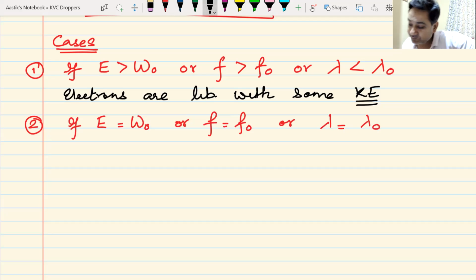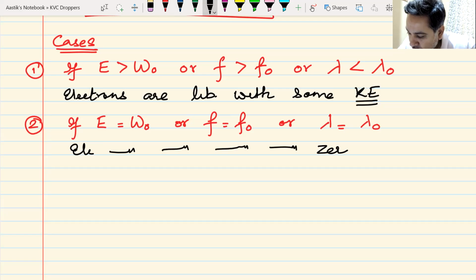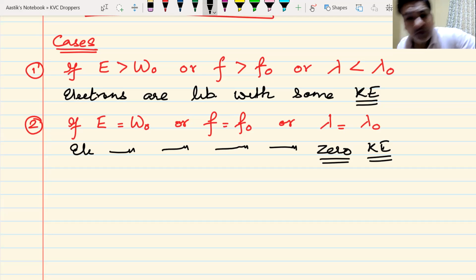Zero kinetic energy, but electrons would be emitted. So I'll write: electrons are liberated with zero kinetic energy. Do we understand this? Yes, sir.